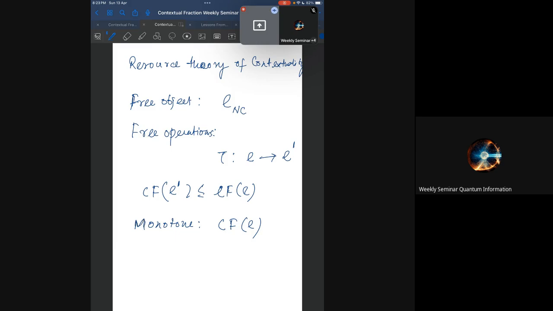So what are the free operations here? Some map that takes one empirical model to another empirical model, but which is context preserving.